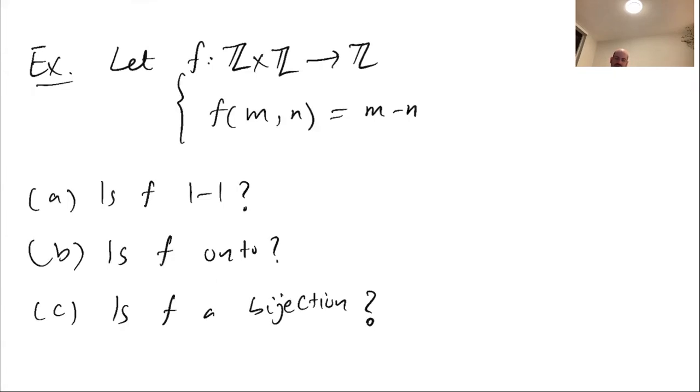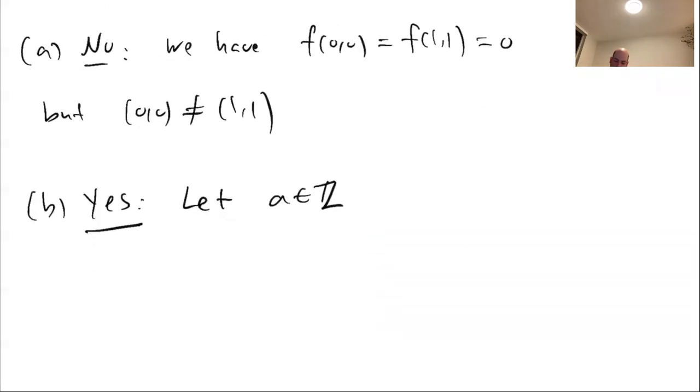Now, f of which input is A? F of m and n is m minus n. So if I want the output to be A, what should I consider as an input? Well, I have many options. One simple option is A and 0. Then f of A and 0 equals A minus 0 equals A. And A and 0 is in the domain, right?